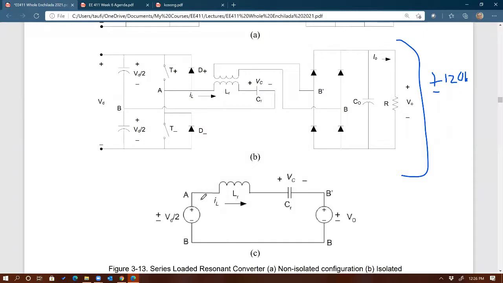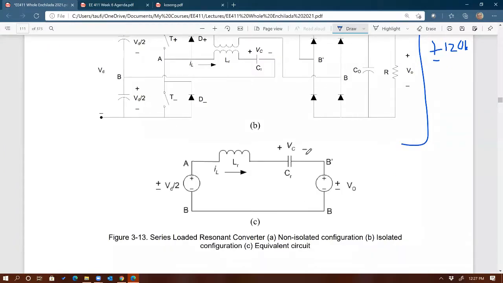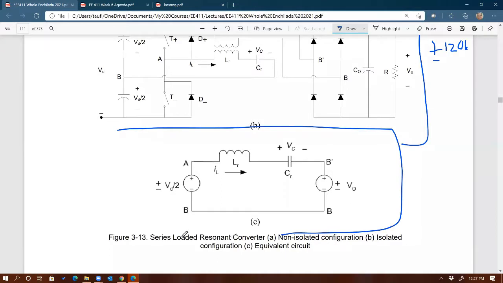In 4 out of 5 states, you'll see exactly the same circuit, which is an LC series resonant circuit with different input and output voltages, right? But the circuit is the same. The topology of the resonant circuit state is the same. It's just going to be like this, right?